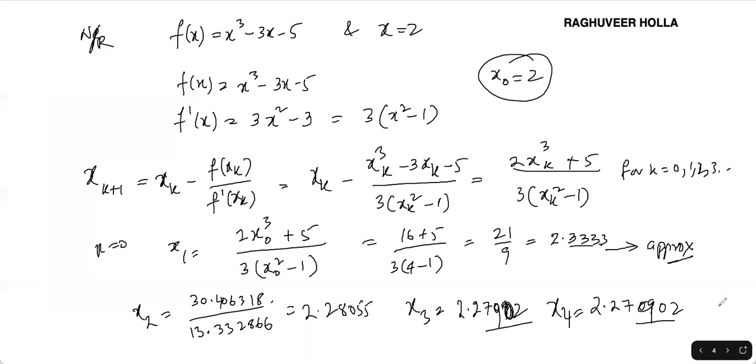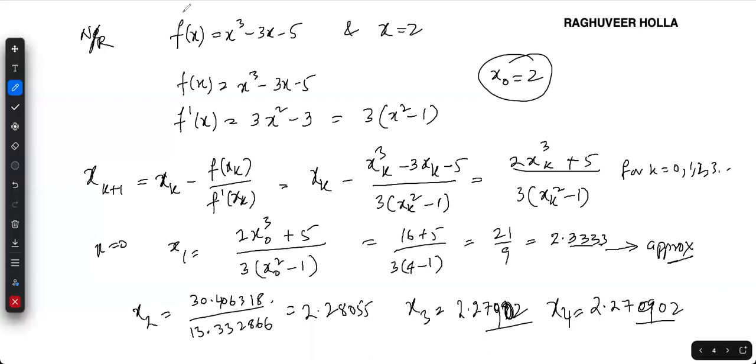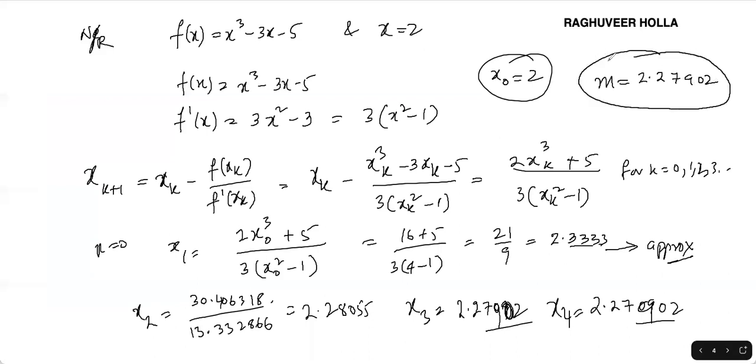So you can stop this iteration. So the root will be m, which is 2.27902. This is the root. Okay, approximate root for the equation x cube minus 3x minus 5.